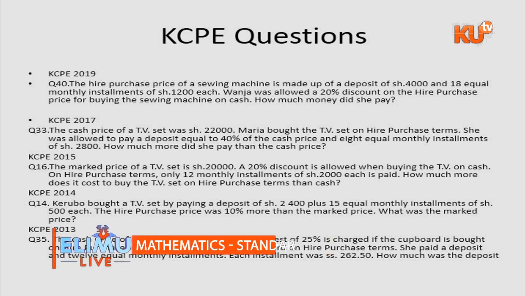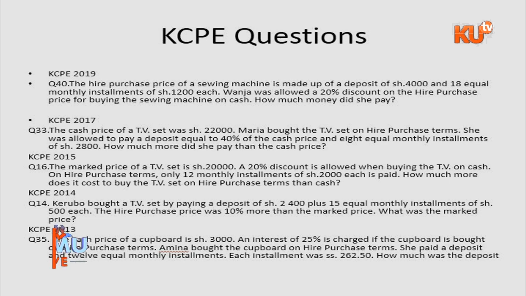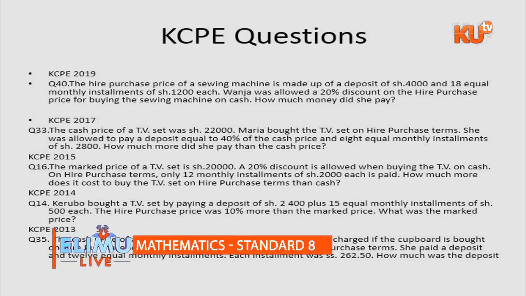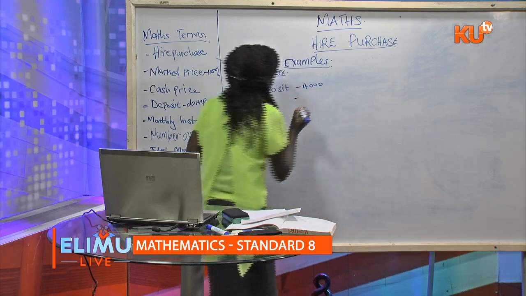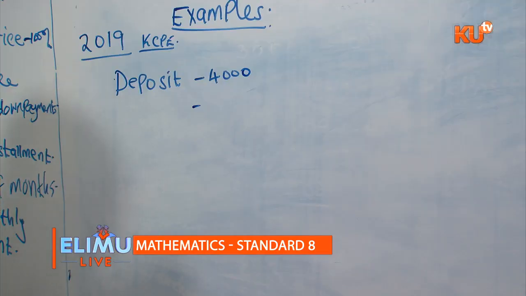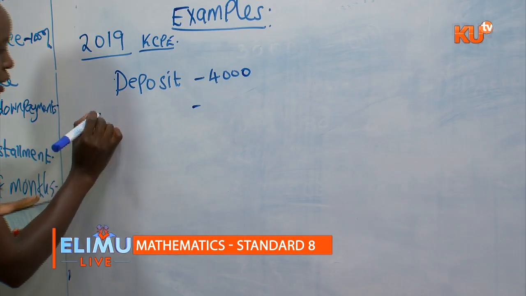Now, we write down what you have been given. The hire purchase price is made up of a deposit of 4,000. So we start by writing down what we have. The deposit was 4,000 and 18 equal monthly installments.